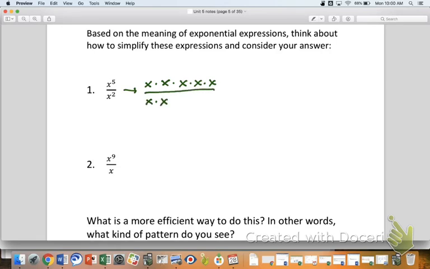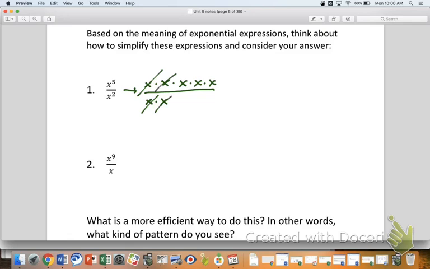x times x. She's saying let's do some canceling out, which we've done before, right? Since we're doing multiplication over multiplication, couldn't I cancel this x with this x? The x over x is 1, right? And I could cancel this one with this one, because x over x is 1.